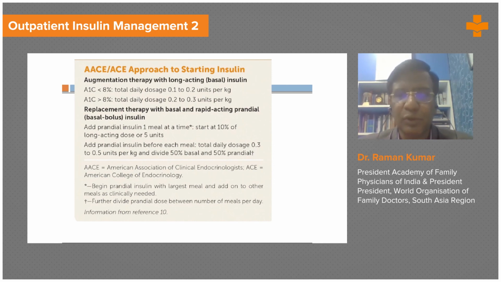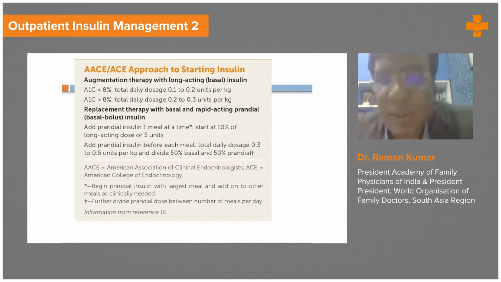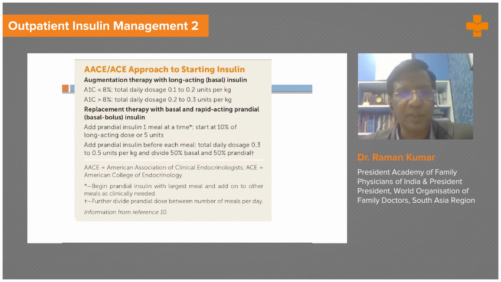In that condition, oral hypoglycemic agents are not working at all, and you have to replace the total insulin requirement. So these are the guidelines of the American Association of Clinical Endocrinologists and the American College of Endocrinology, with recommendations on augmentation as well as on replacement therapy.